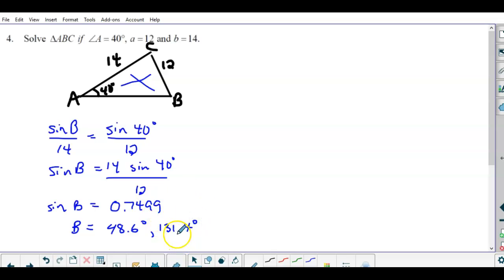Okay, and if I check that, that would still work, right? So 48.6, so if I put this in here, 48.6, then angle C will be 180 minus 40 minus 48.6.